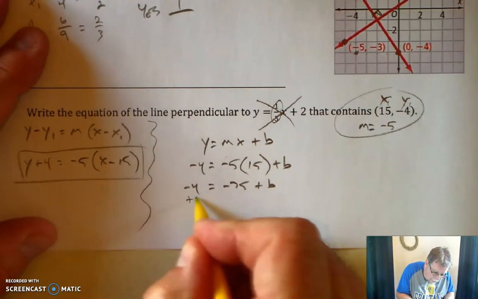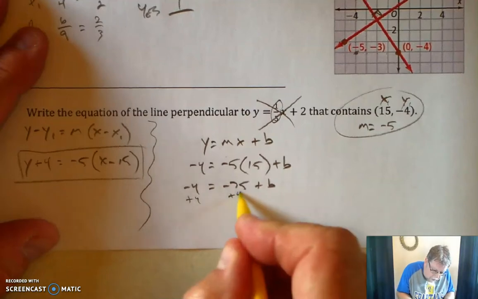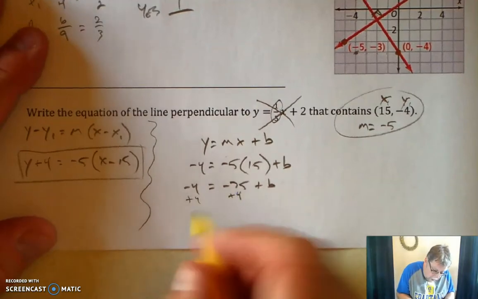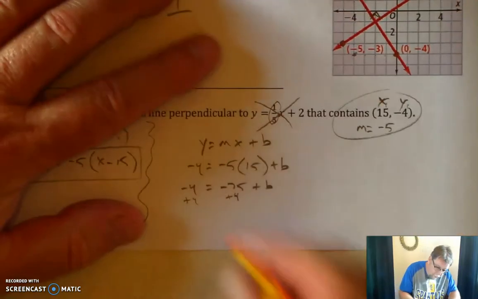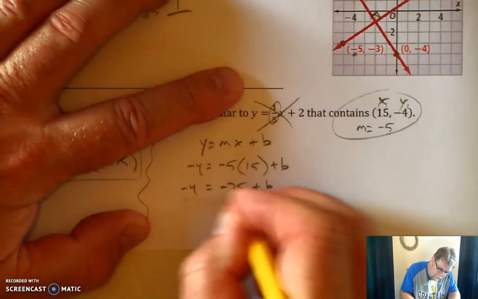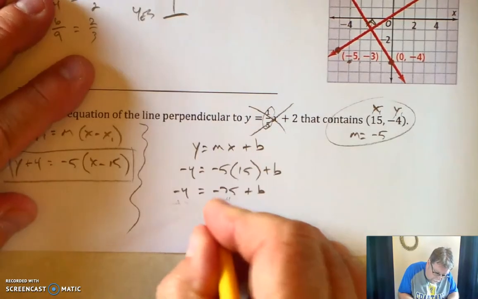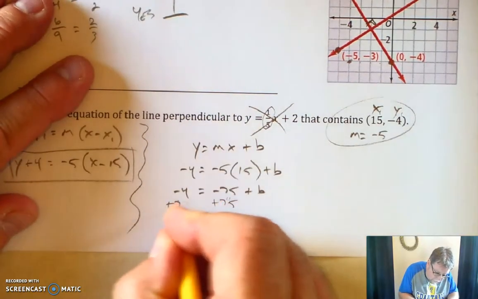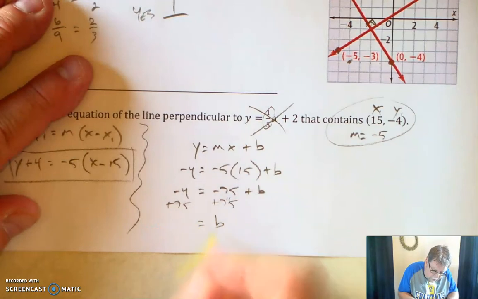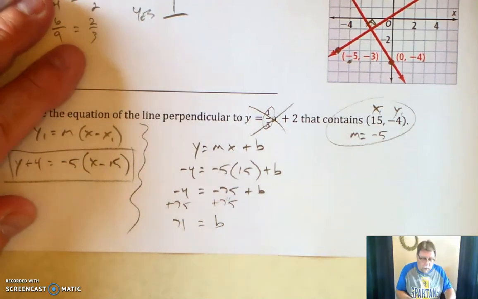And if I add 4 to both sides, I'm sorry, I don't want to add 4 to both sides. I want to add 75 to both sides. I'm solving for b. That's going to give me b equals 71.